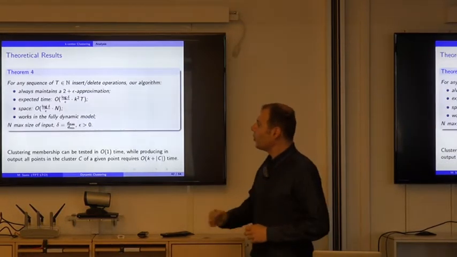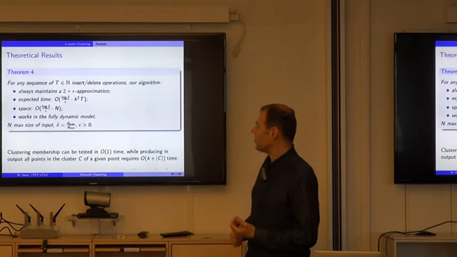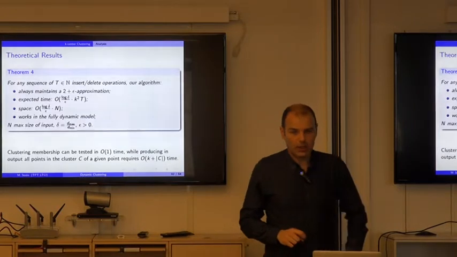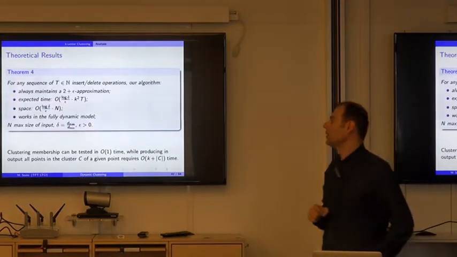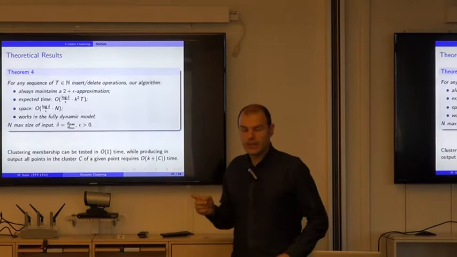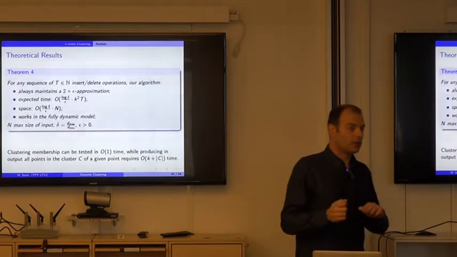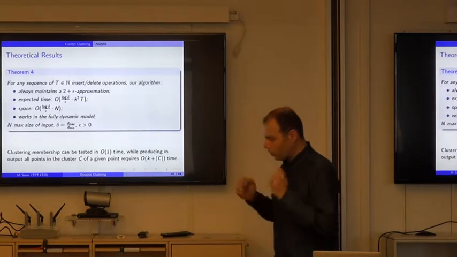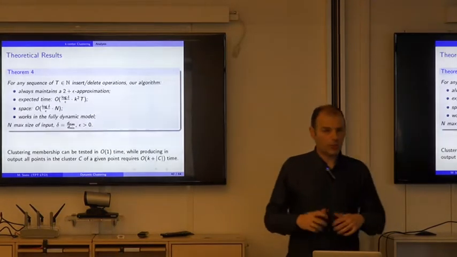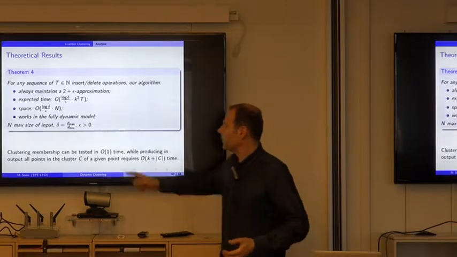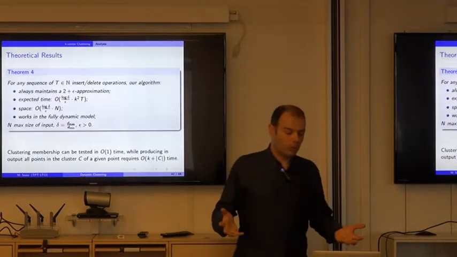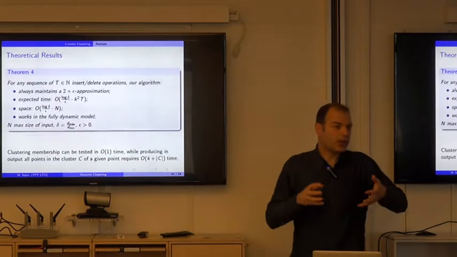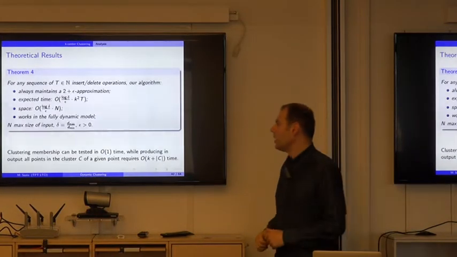Moreover, perhaps one of the most interesting things is that the expected running time is logarithmic in delta, where delta is the ratio between the maximum distance between 2 points and the minimum distance between 2 points. It's a bit technical, but if delta is polynomial, then this quantity is logarithmic, so the amount of work is logarithmic in the size of the input.